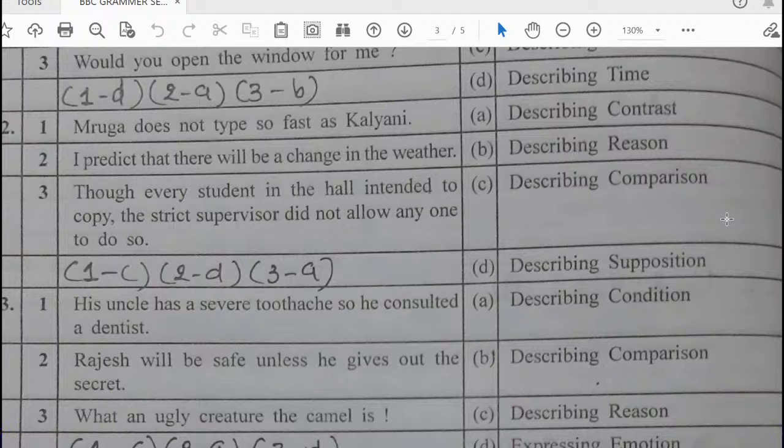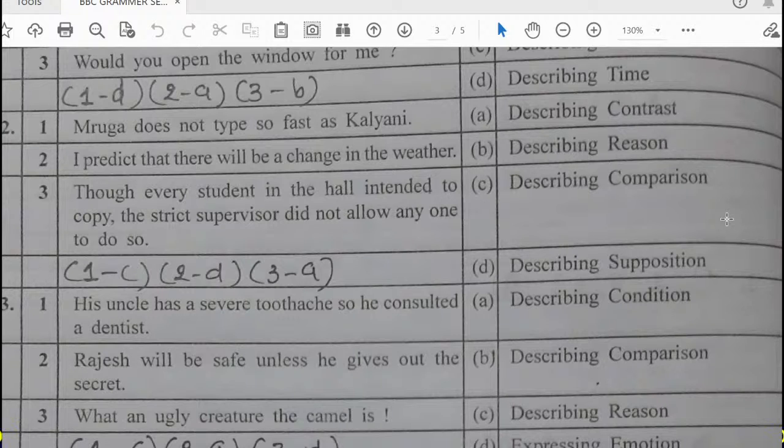As there is no describing result, it will be connected with C, describing reason. Second, Rajesh will be safe unless he gives out the secret. As there is use of unless, it suggests condition. If and unless connectives suggest condition, right?